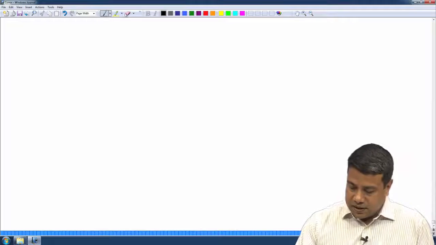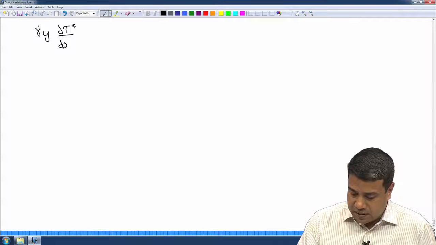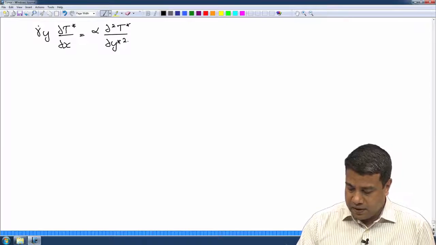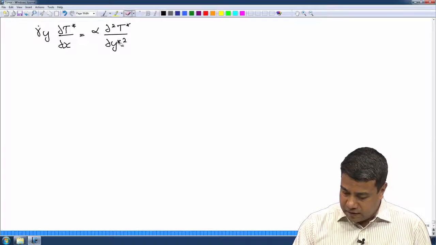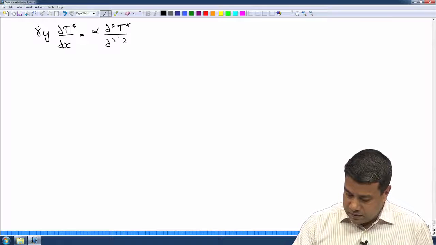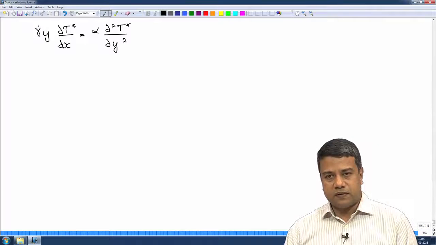The original equation that I had, once again, gamma dot y partial T by partial x is equal to alpha partial square T by partial y square, where I have neglected streamwise diffusion in comparison to cross stream diffusion.